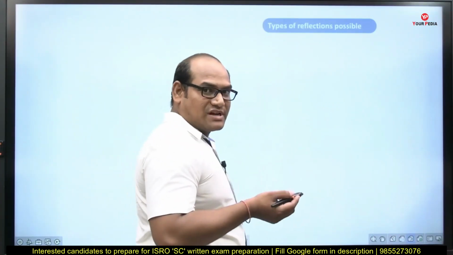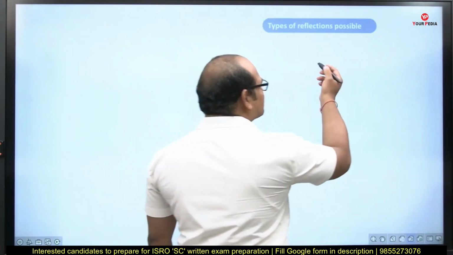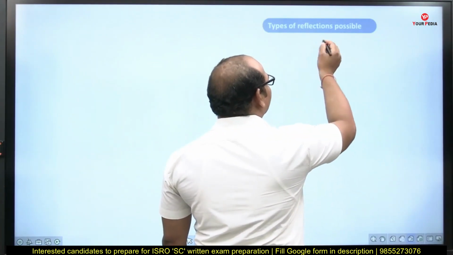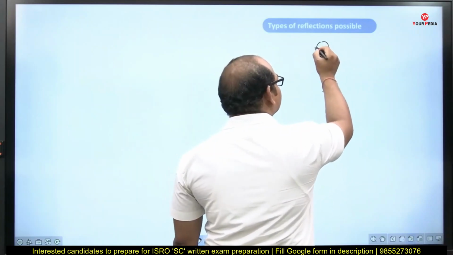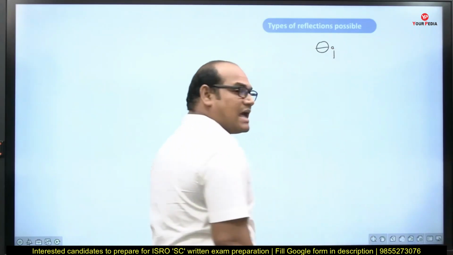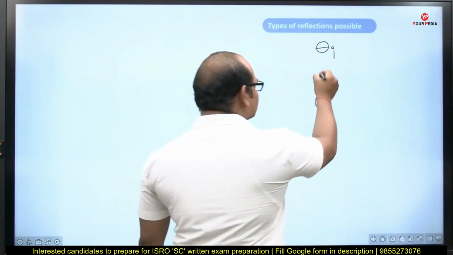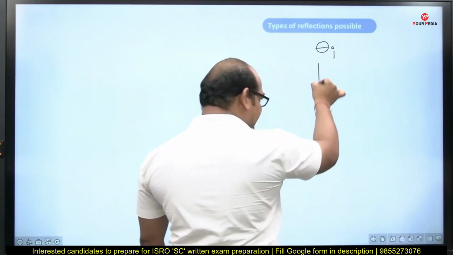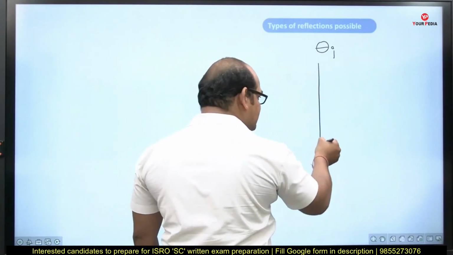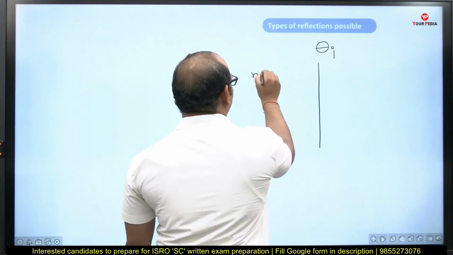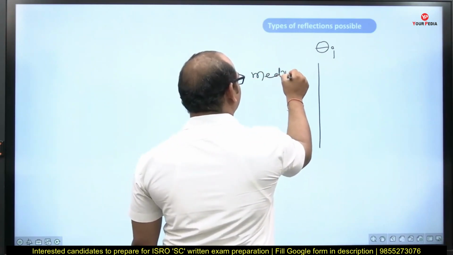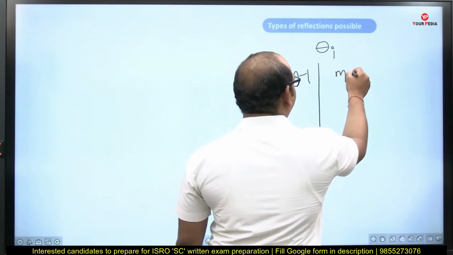Next, types of the reflections possible. The reflections possible are based upon the angle of incidence. As I said, this is an interface. This interface is separating two media, here medium 1 and here medium 2.